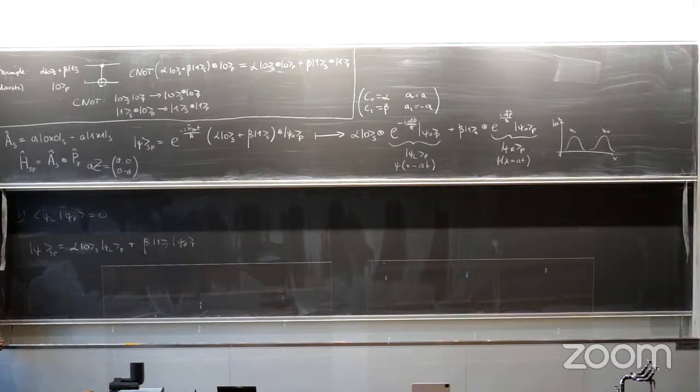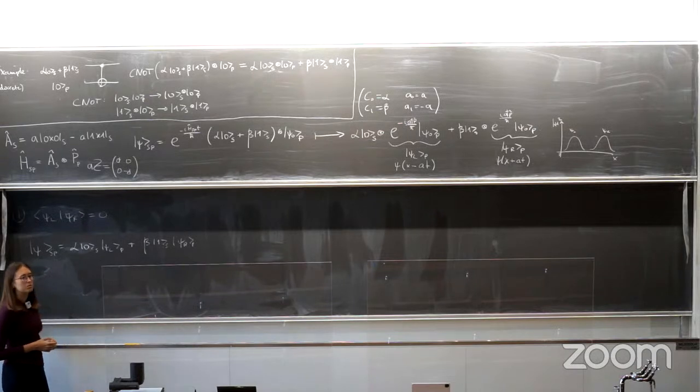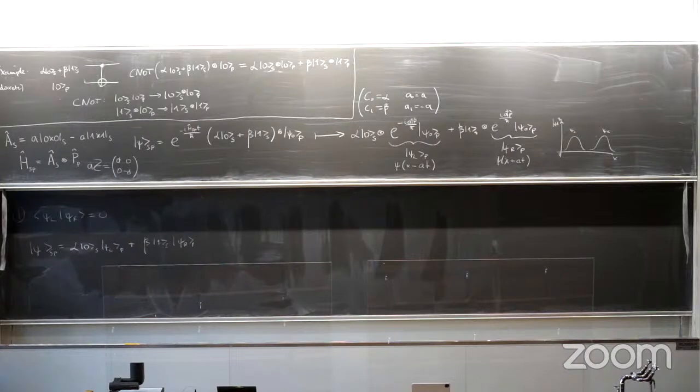So what is good about the measurement when we measure the pointer in the case where psi L is orthogonal to psi R? Yes. What the spin was, because if the two overlap, that means that something could have come from the spin 0 or spin 1, right? Yes.